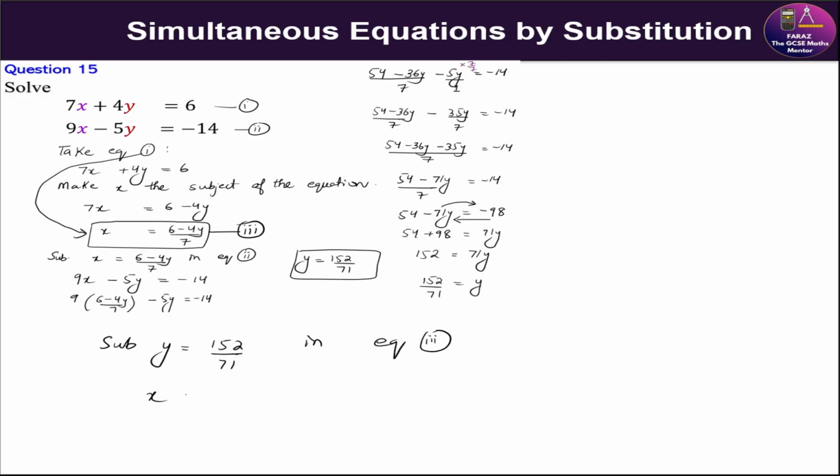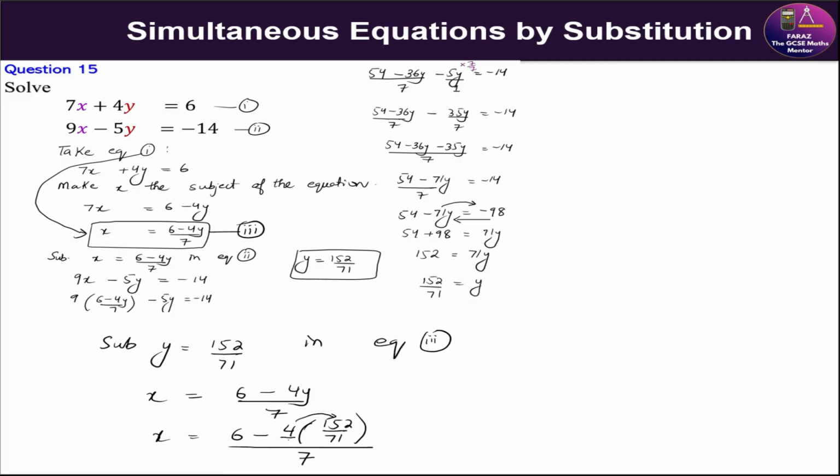So if you do it, it will give you x equals to 6 minus 4y over 7, and then x equals to 6 minus 4 times 152 over 71, all over 7. You just have to multiply this negative 4 with 152. You don't need to multiply this 4 with 71, okay?